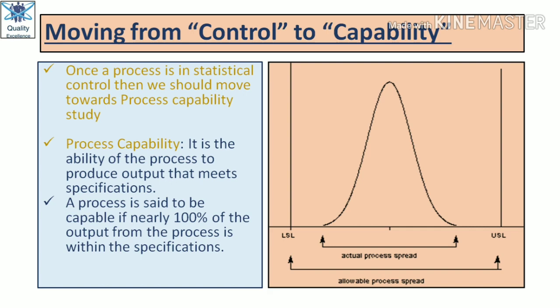It is the ability of the process to produce output that meets specification. It means in process control, control limits were in the picture, and you can see here in process capability, the specification or process specification is in the picture. So process control and process capability are different. Process control is the prerequisite of process capability study, and a process is said to be capable if nearly 100% of the output from the process is within the specification.